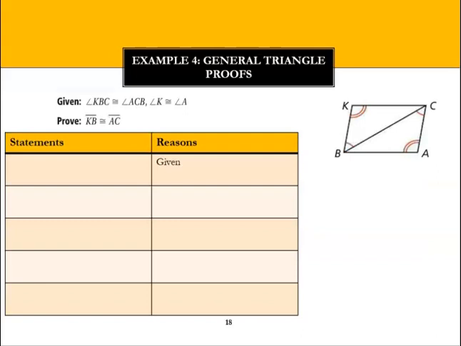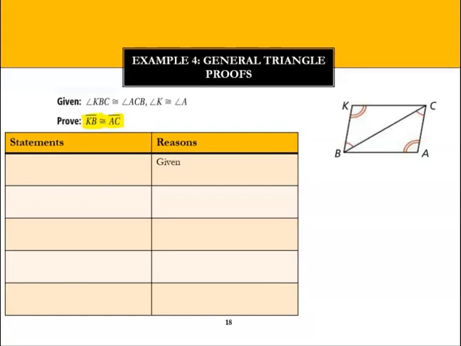A big clue, just as you're doing these for the first time, that you're going to use CPCTC at the end of your proof is when you clearly have triangles, but your proof statement is a congruence of a segment or angle pair, not a whole figure.